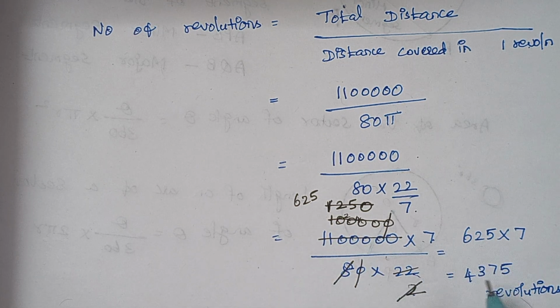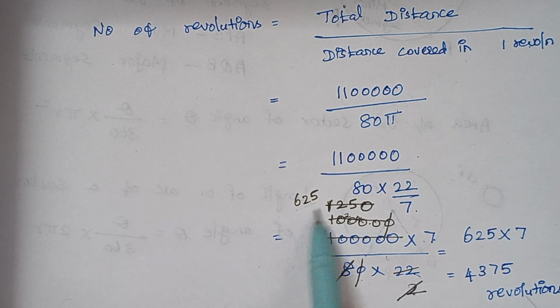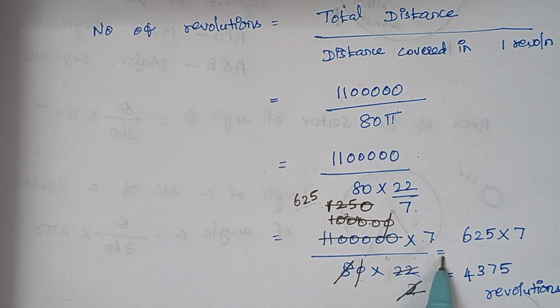Then I am cancelling the 0 of this 80 and this, and cancelling by the 8 table, and finally I am ending up with 625 multiplied by 7. So 625 into 7 gives me 4375 revolutions.